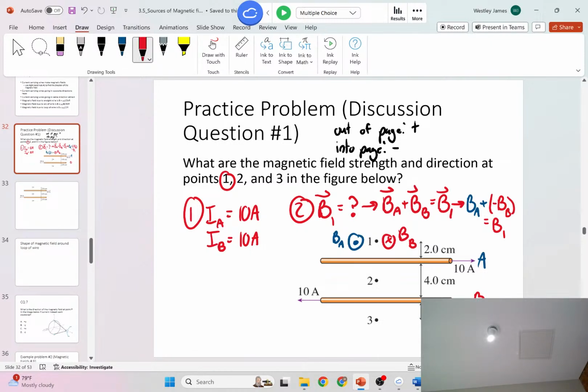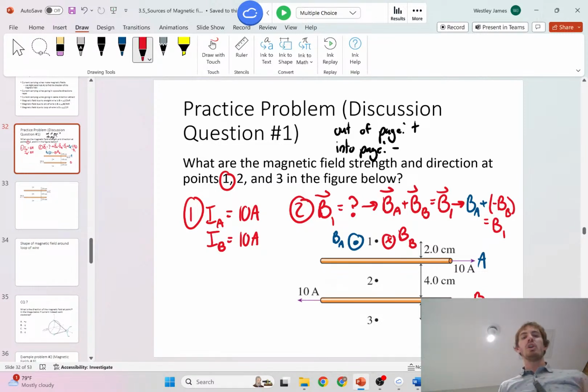The only thing that's made this really weird is that we now have into the page and out of the page. One arrow is going in, another is out of it, and I'm adding those two arrows. They're opposite directions, so they're not getting stronger, they're canceling each other out.